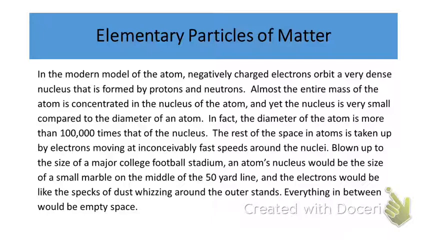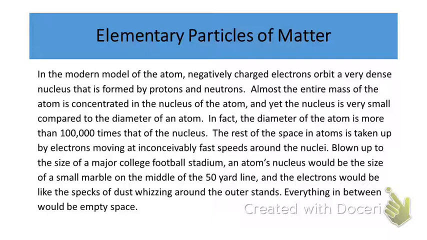So the nucleus is extremely small compared to the overall size of the atom, and yet most of the mass of the atom is found in that small nucleus. The rest of this space in an atom is taken up by electrons moving at inconceivably fast speeds around the nucleus.